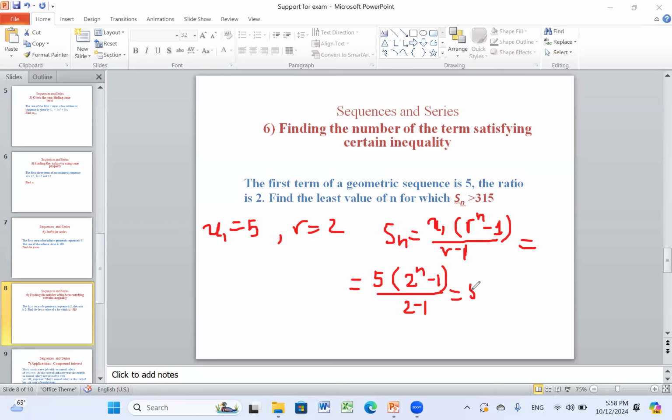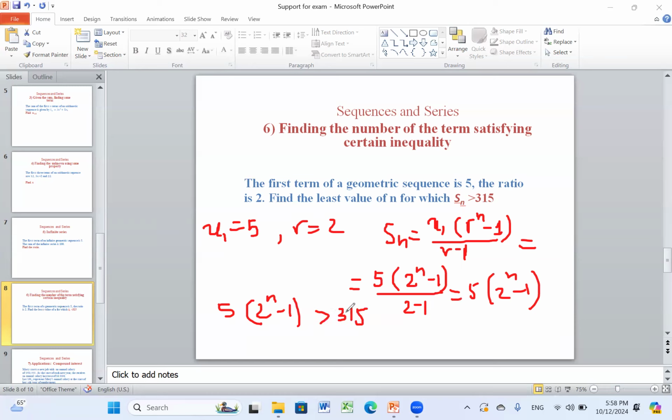So we can write it like this: 5 times (2 to the power n minus 1). You see, this is our Sn, and it should be greater than 315.